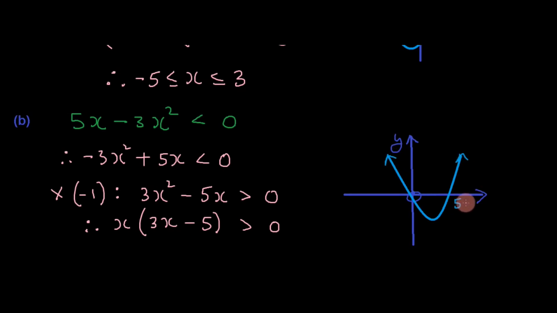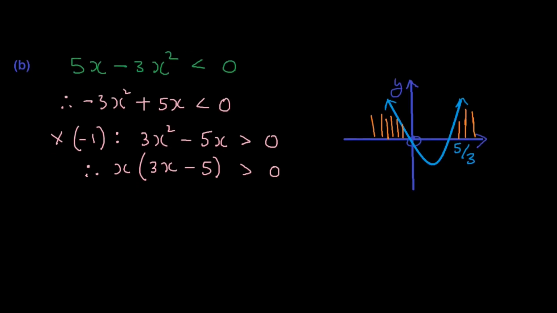So this is 5 over 3 over here. We want the parabola to be positive or above the x-axis. So we see that to the left of 0, it rises above the x-axis for all x's less than 0, as well as for all x's greater than 5 over 3. Here it also rises above the x-axis, so it's positive.